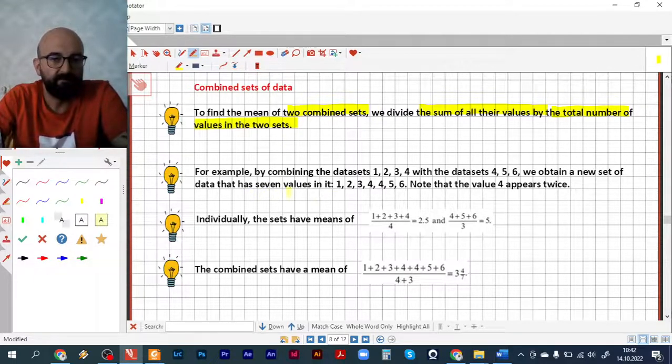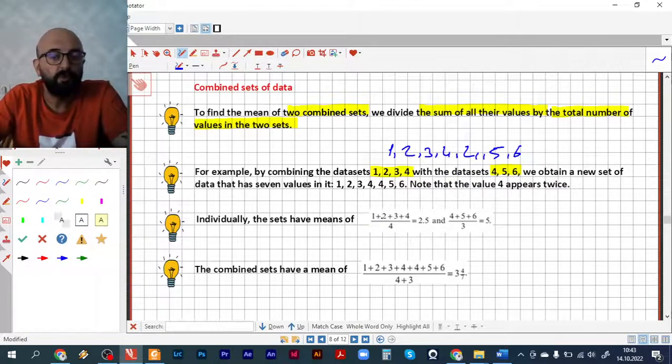For example, by combining the data set 1, 2, 3, 4 with the other data set, 4, 5, 6, we obtain a new set of data that has 7 values in it: 1, 2, 3, 4, 4, 5, 6.